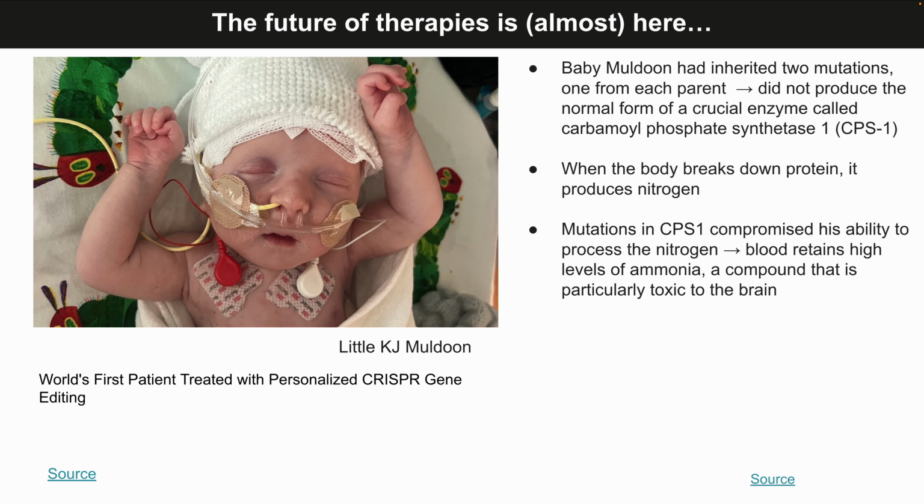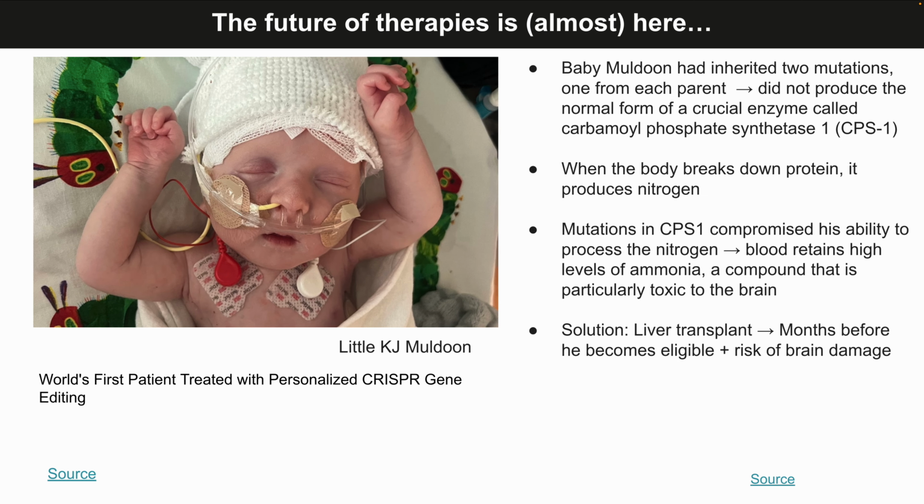In little KJ's case, it was a lucky discovery that happened as he was conceived. In an ideal case, the way to solve this is you swap out the liver, because the liver you're born with has a wrong mutation in CPS1, which is preventing you from synthesizing the nitrogen. But any liver transplant would take years to happen.